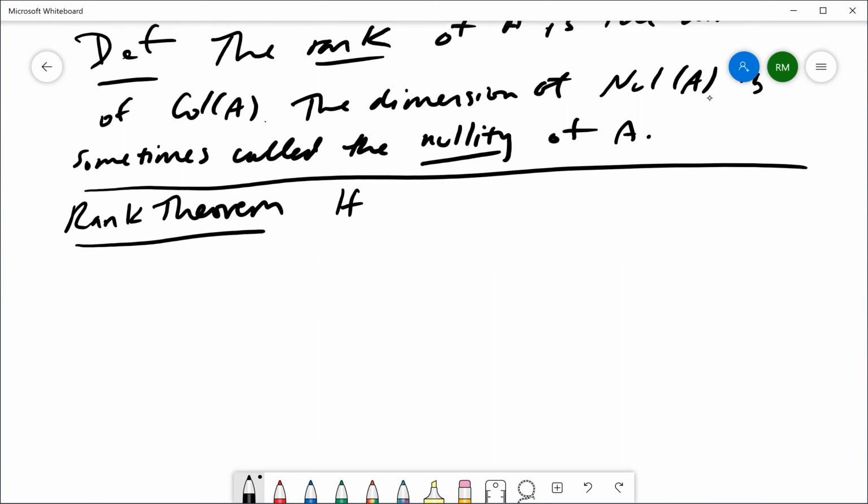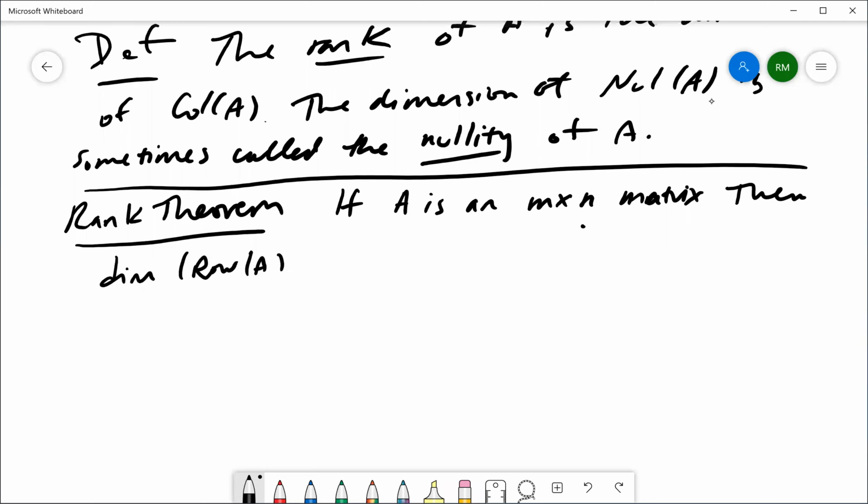If A is an m by n matrix, then the dimension of the row space of A is the same as the dimension of the column space of A. They're not the same, but their dimensions are the same.